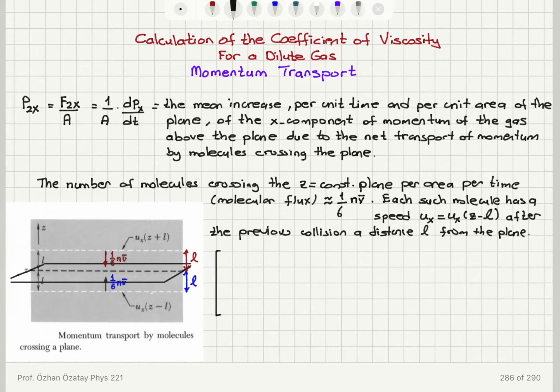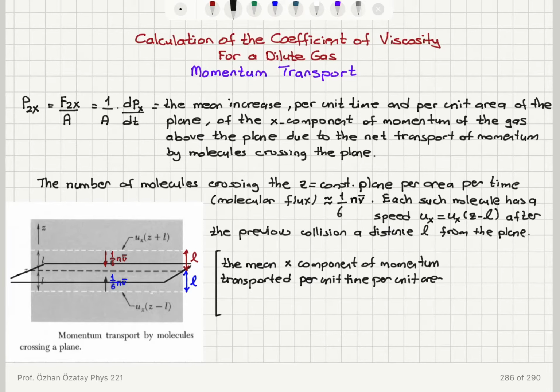Basically I'm trying to get the mean x component of momentum which is transported per unit time per unit area across the plane in the upward direction.